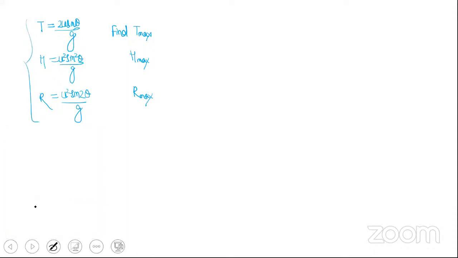Simple. Time of flight is 2u sin theta by g. Now to maximize this, sin theta has to be maximum. Now when is sin theta maximum? When theta is 90, right? So if you put theta as 90 then time will be maximum, and it will be 2u by g.